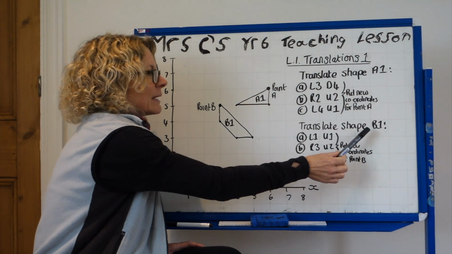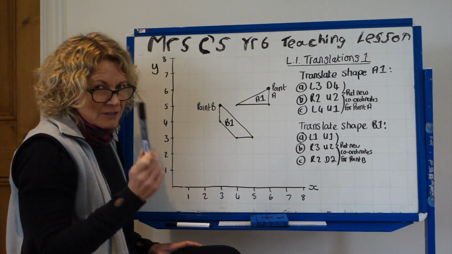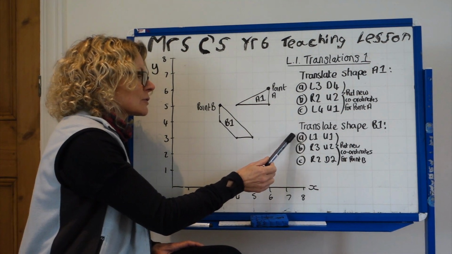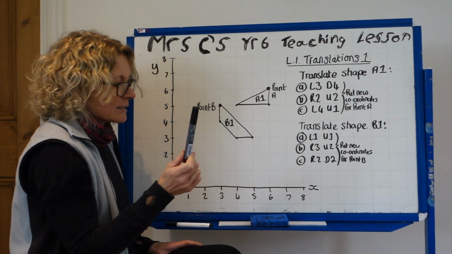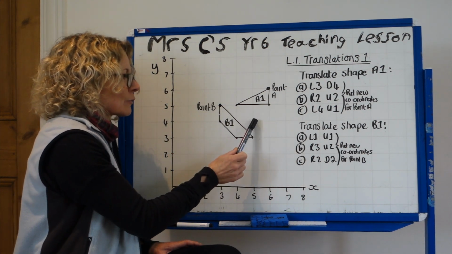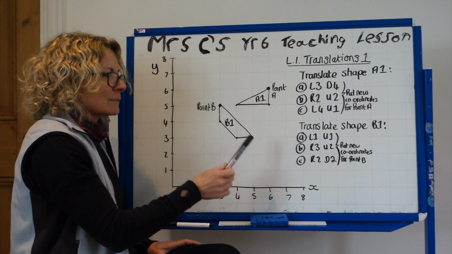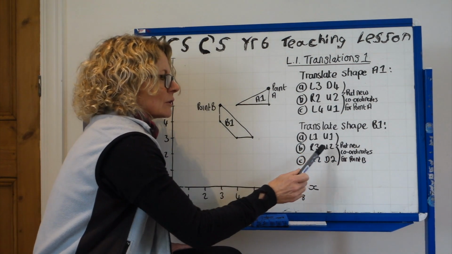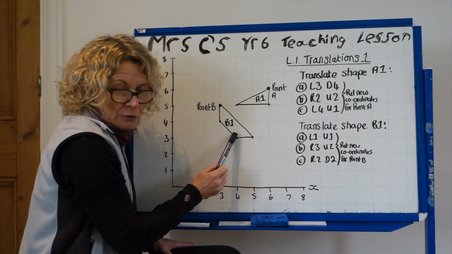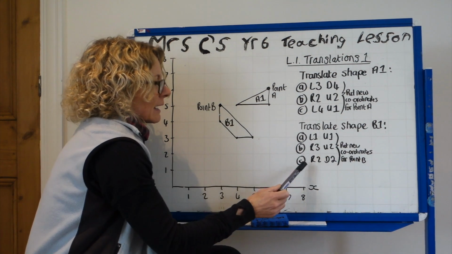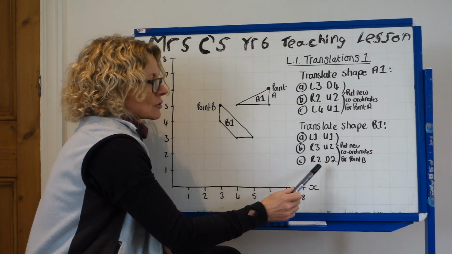Then B1, the trapezium, is also going to move to 3 different new places. Okay, so you're going to have 3 more trapeziums and 3 more coordinates for each of B1's new positions after these instructions.